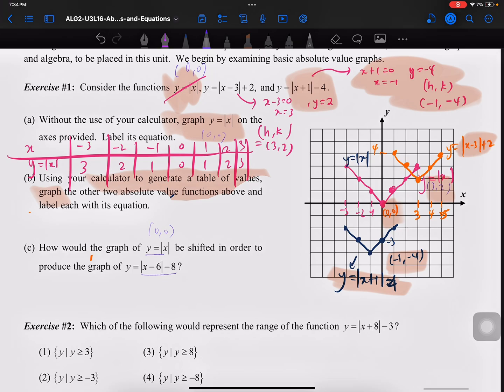And now here is x minus 6 equals 0, x is 6. So h, k: x is 6, y is minus 8. So we can say that from the original y equals absolute value of x, it will be right 6, down 8. The new vertex is this.